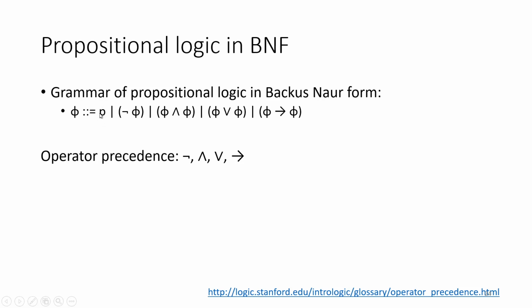You either have some propositional variable, or you have the negation of a formula itself. It's maybe a bit strange in grammars that the symbol appears on the left and right, but that's not a definition of the symbol. It's more like any formula here can be used with the negation sign.